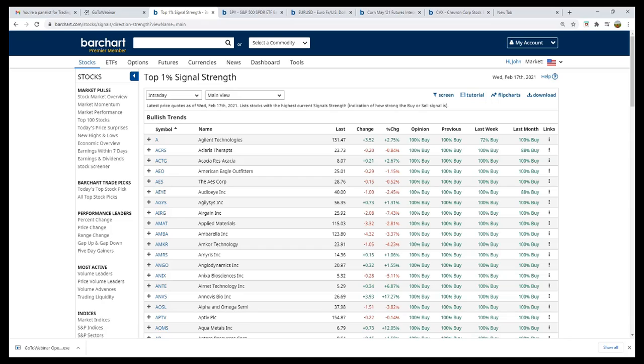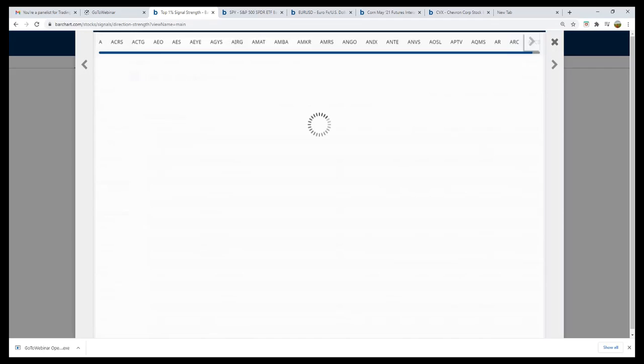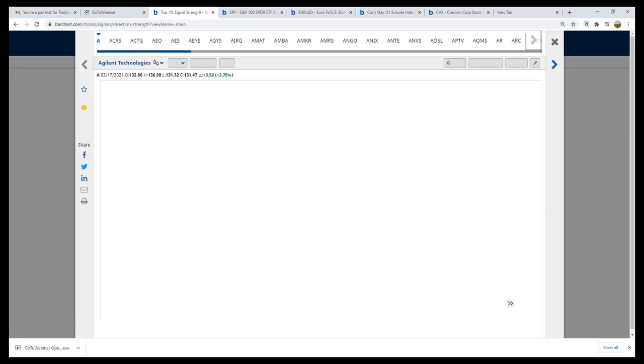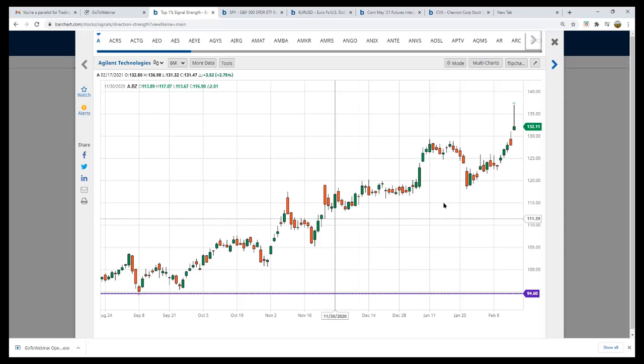Notice here you can see our opinion, our previous, last week's, and they're all 100%. All these stocks are going to be ripping down the road in terms of our trends, at a high pace, or a high angle of inclination. They're all accelerating.